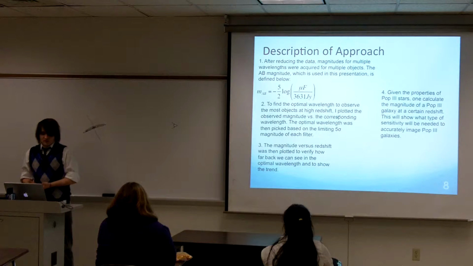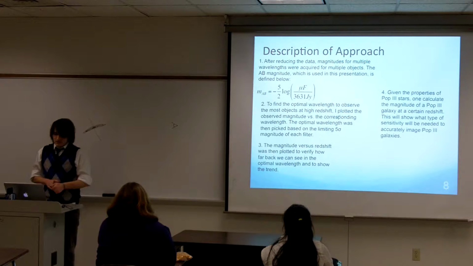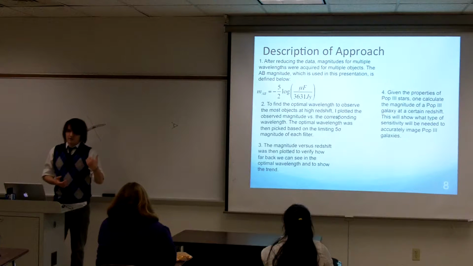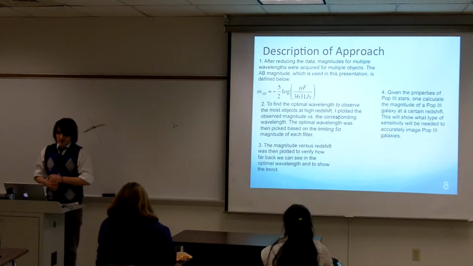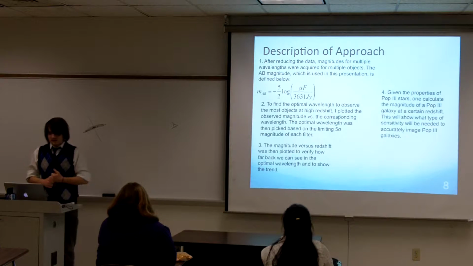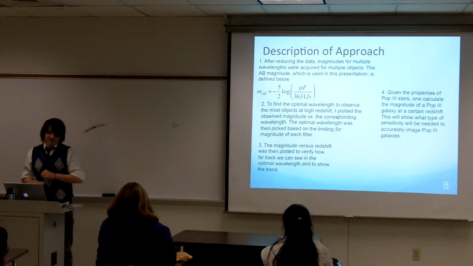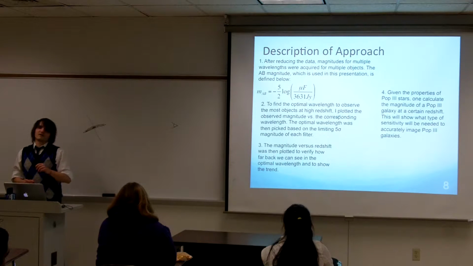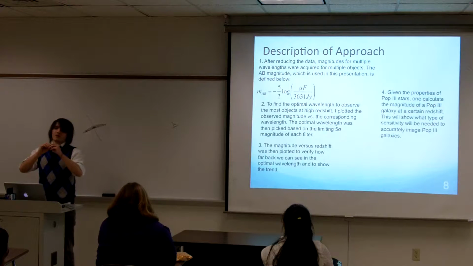And so to find the optical wavelength, I made a magnitude versus wavelength graph of the galaxy's magnitude, and then I also graphed the limitations of the certain filters of Hubble, which is the data that I used.